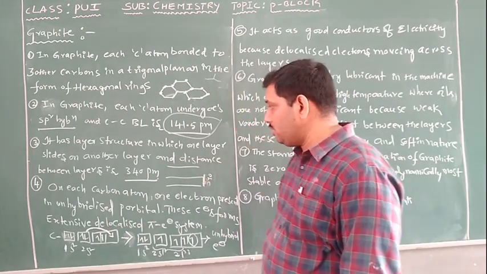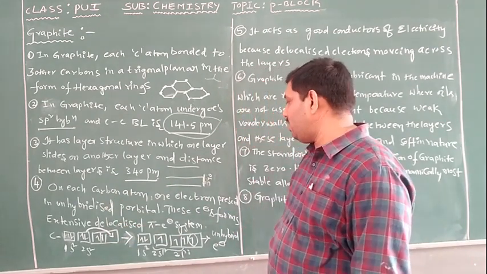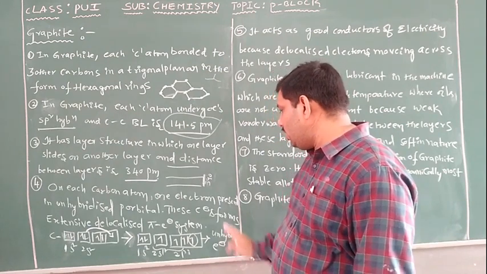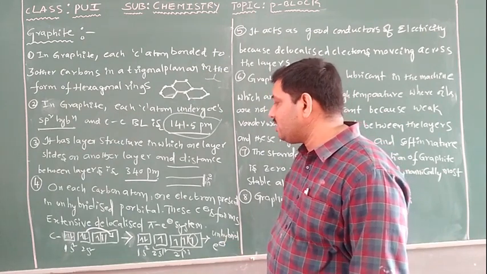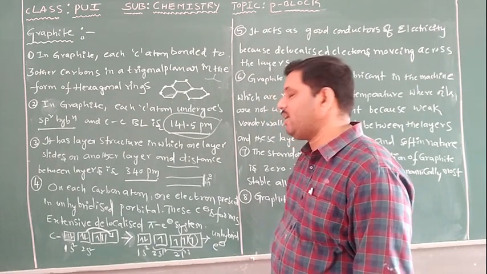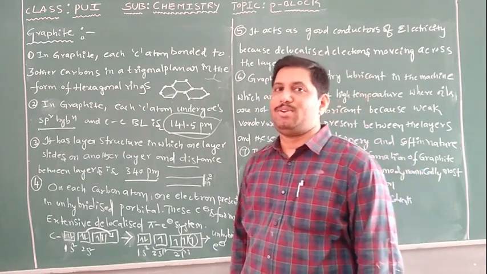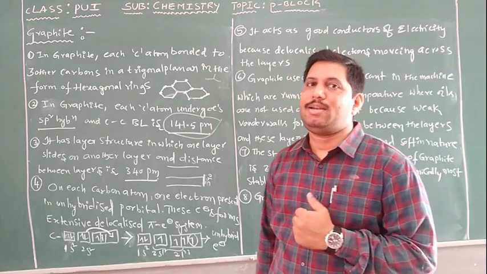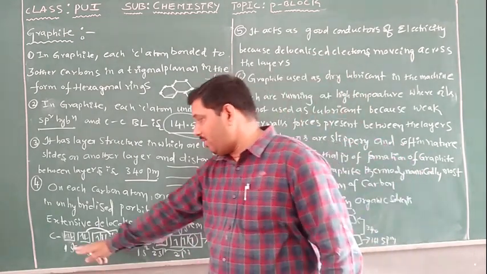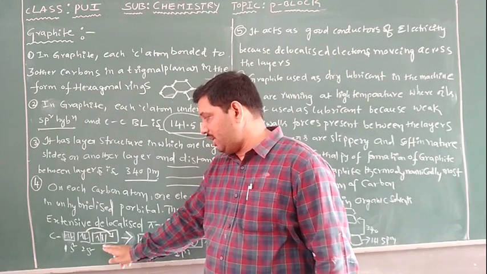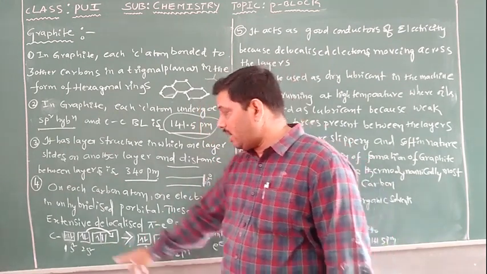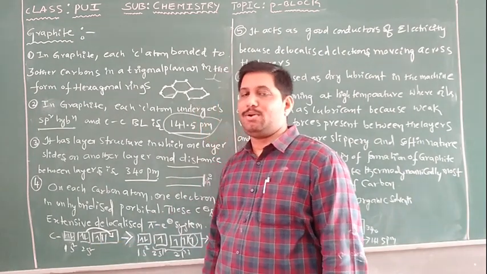In graphite, on each carbon atom, one electron is present in an unhybridized p orbital. This electron forms an extensive delocalized pi electron system. We know that carbon has 4 valence electrons: 1s2, 2s2, 2p2. Here, carbon is having 4 valence electrons.